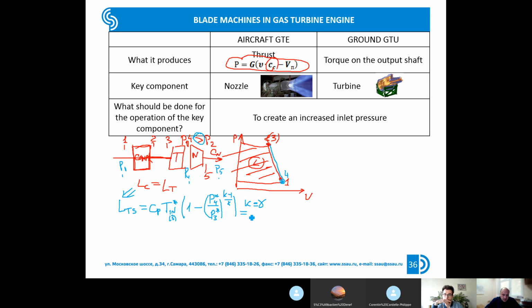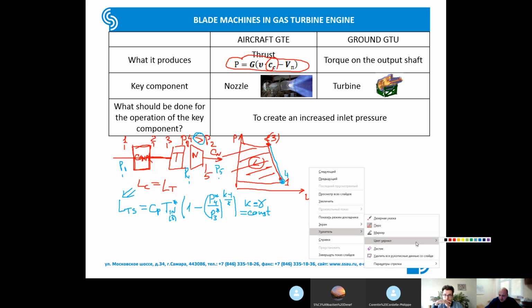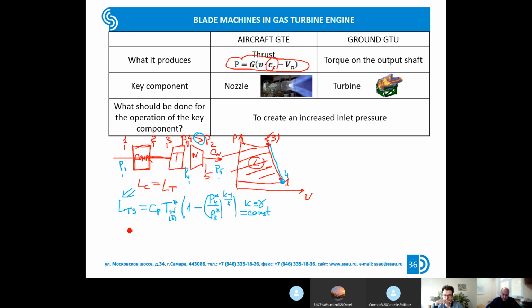So this value is determined by the specific work of the compressor, and we fix it. And if we look carefully at this equation, if you increase the total temperature before the turbine, you can increase pressure P4.